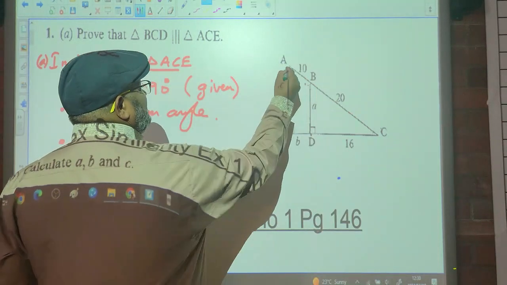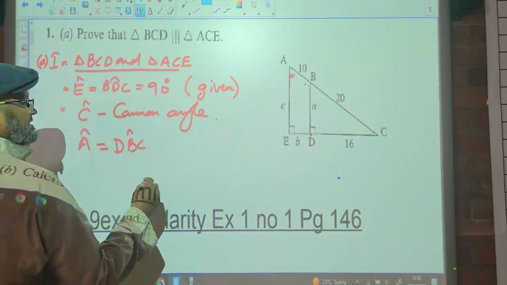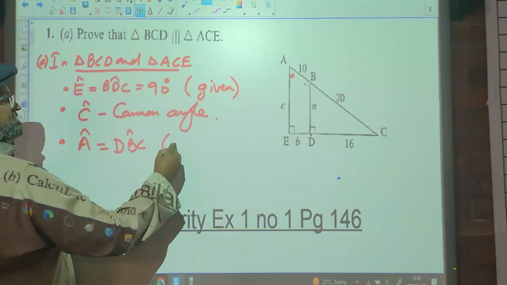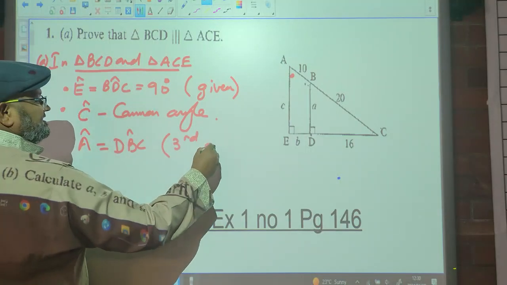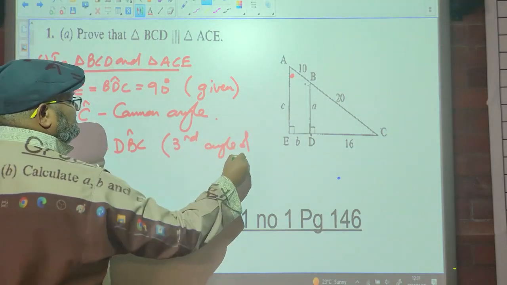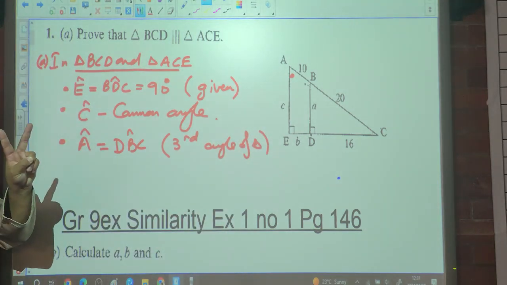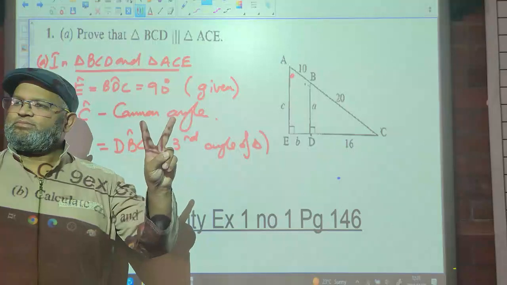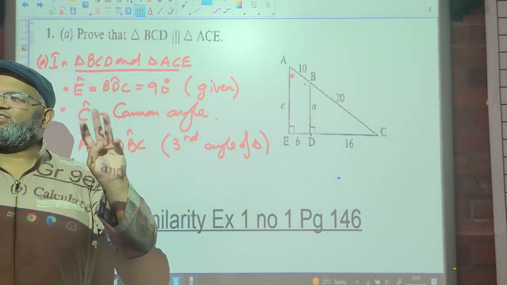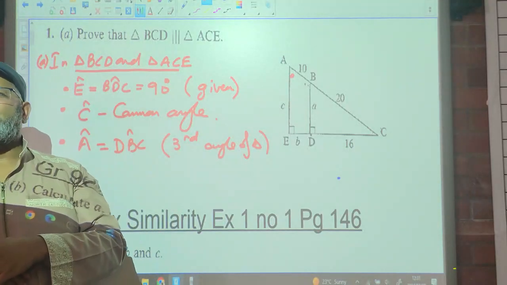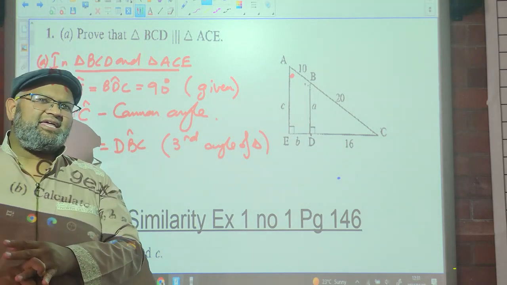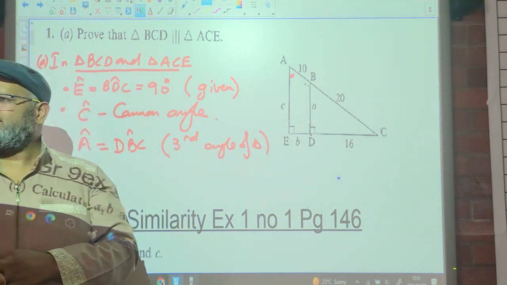So why is angle A equal to angle DBC? Because it's the third angle of the triangle. Remember we said yesterday, if two angles are the same in two different triangles, the third angle will have to be the same. Why? Because angles in a triangle add up to 180. Okay.